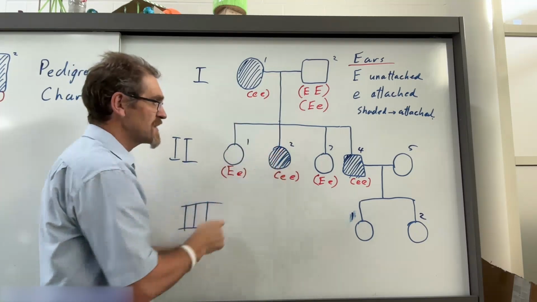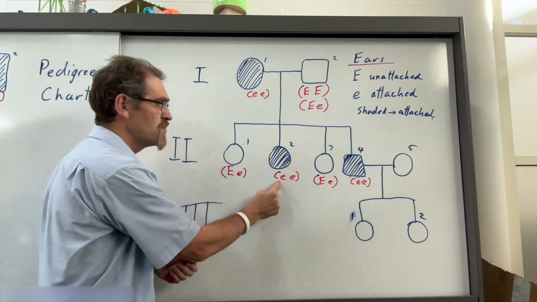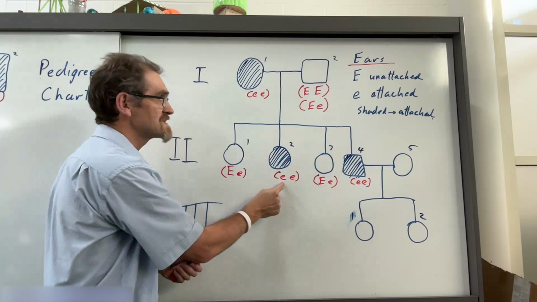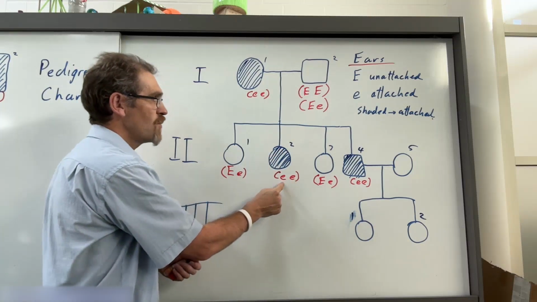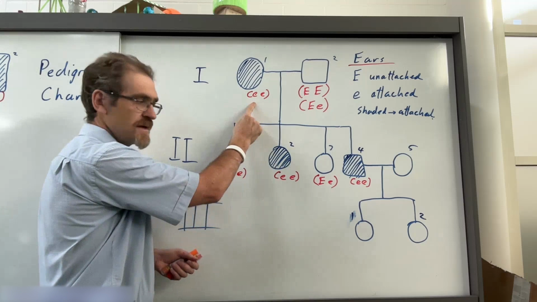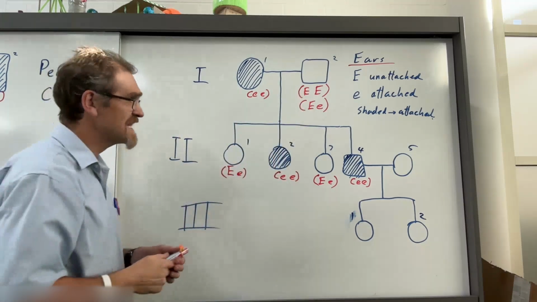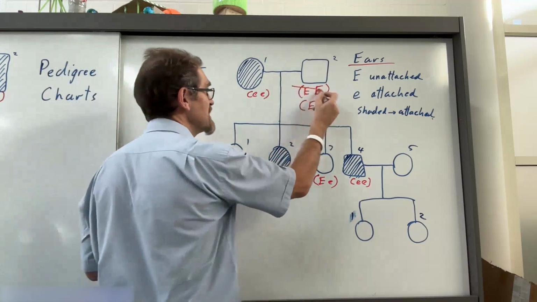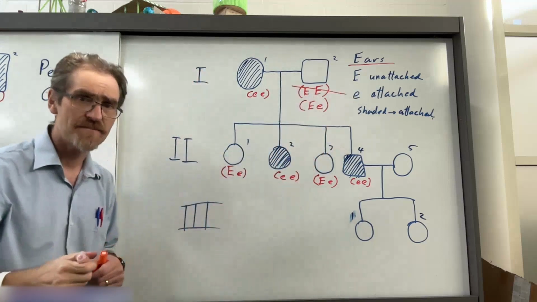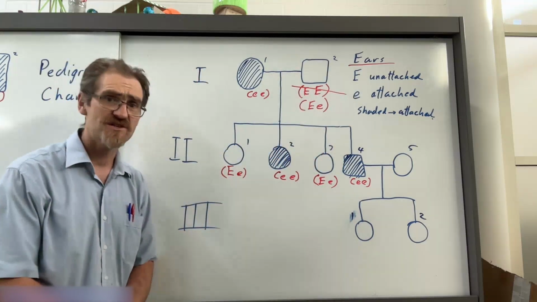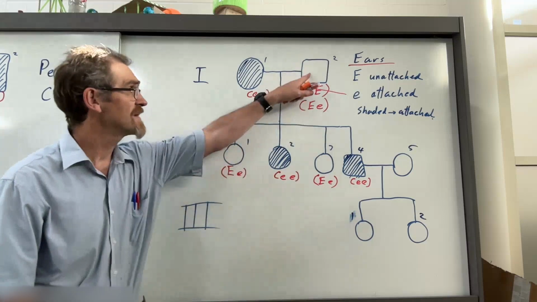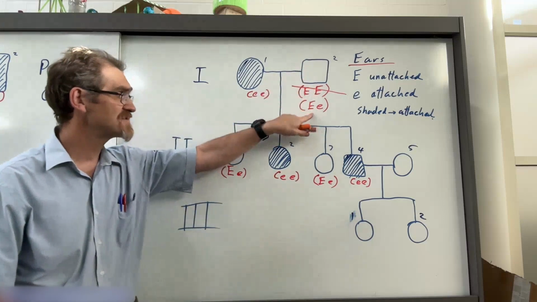But when we look at this individual here, this individual has got 2 recessive alleles. Now, one of them is going to come from the mum, which means the other one has to come from the dad, which then tells us that this genotype simply cannot be a genotype for the grandfather. Generation 1, male, has to be heterozygous.